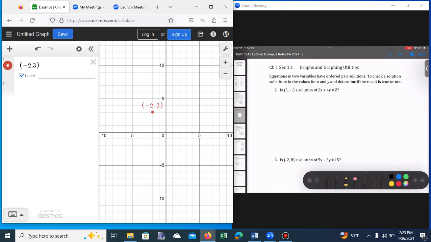So when we want to know if an ordered pair is the actual solution of an equation, we can plug in the ordered pair and it should make the statement true.